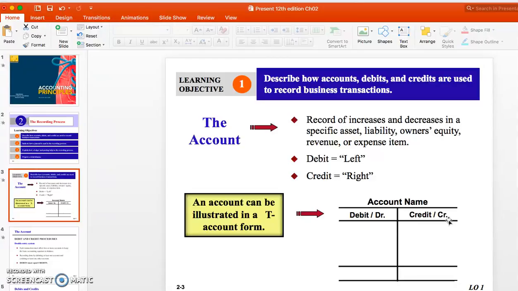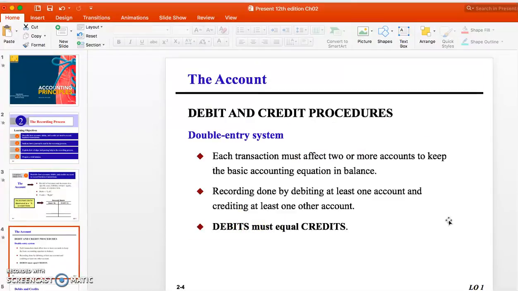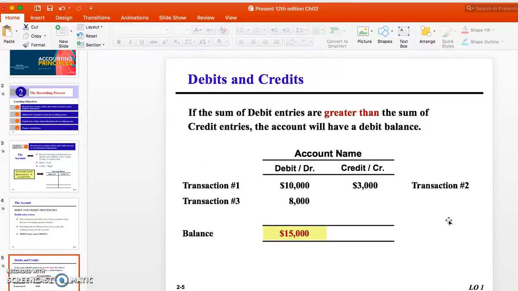Where the accounts are in the accounting equation determines whether one increases or decreases, and you'll find that out as you work through the textbook. This is called a double entry bookkeeping system. The debits must equal the credits, so when you're posting everything, make sure everything adds up correctly. An example here is one account.